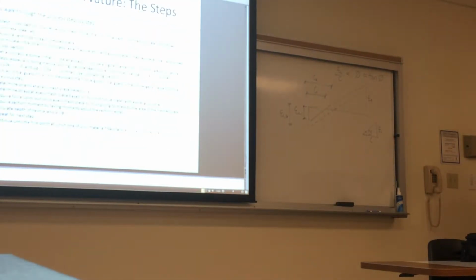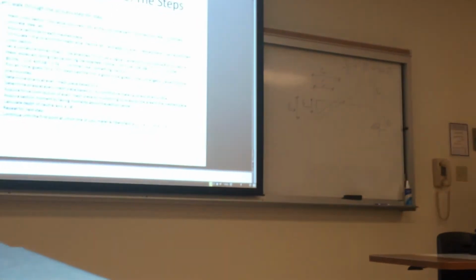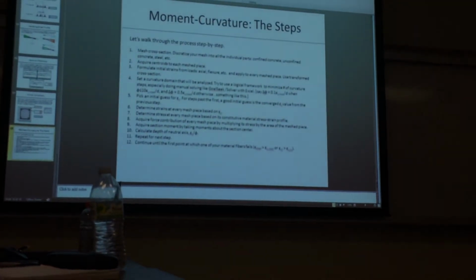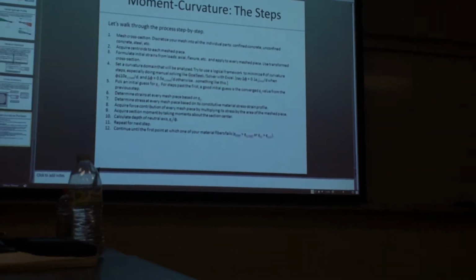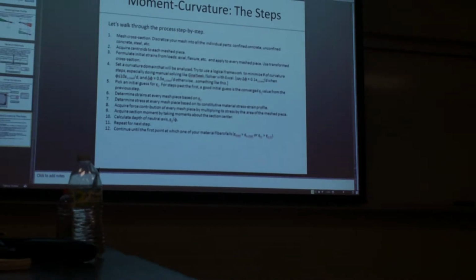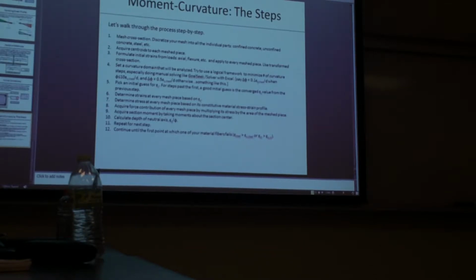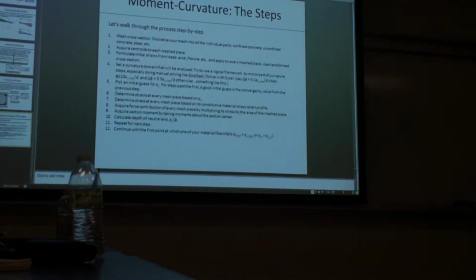But the way I proposed doing it was you look at the yield strain of your steel, and you divide that by the depth of your section to get the same units as curvature. This is an empirical way of looking at it, because curvature has units of length to the -1, so inches to the -1 or meters to the -1. And this gives you the correct unit, and you're normalizing it based off of section properties.